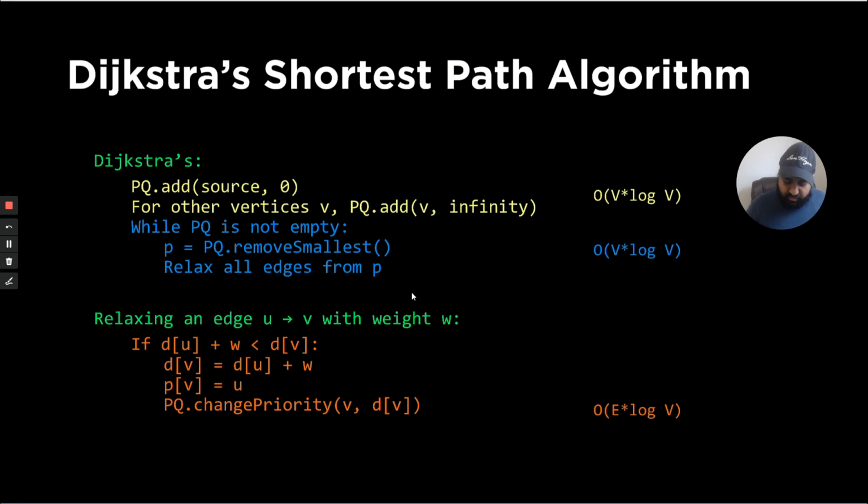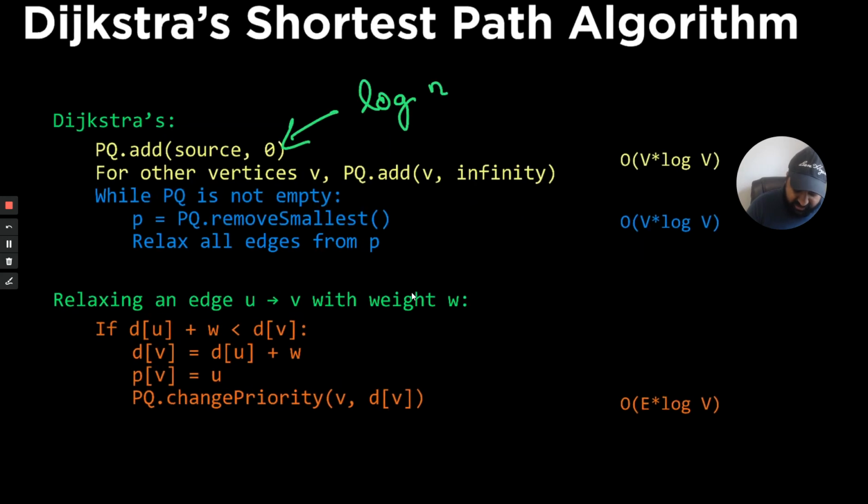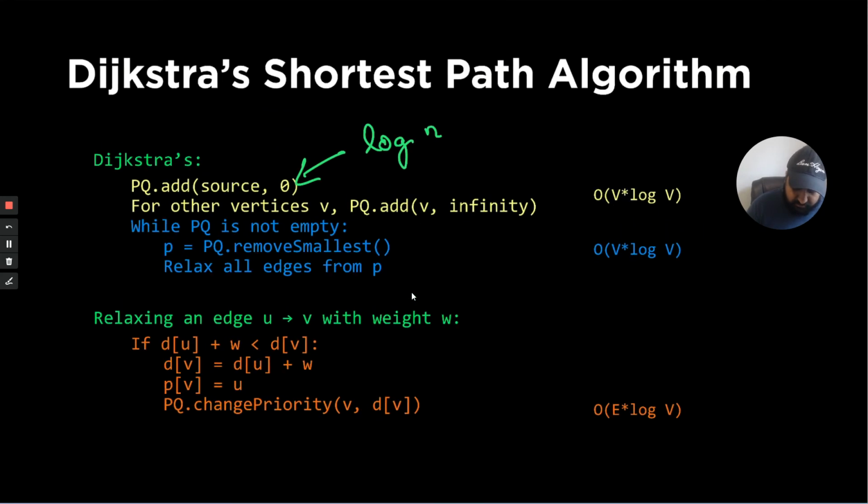So let's see what would be the complexity for this code. Here, when you add one particular value to a priority queue, the complexity is log of n, or in this case, since we are again and again adding v different vertices, it's going to be v log v.